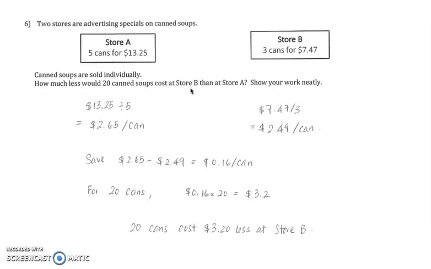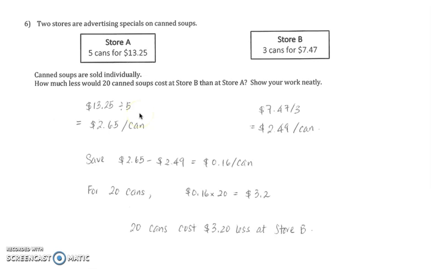Show your work neatly. So the format is very different here because you have empty space to answer your question. But this sounds like the question that we have just done in question 5. We need to find the price of 20 canned soups.